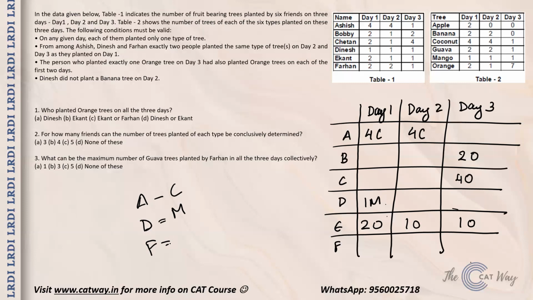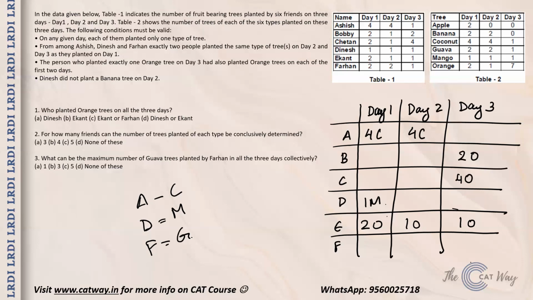So apple, banana and guava remain, but apple and banana also cannot be possible because Farhan did plant 1 tree on day 3, but apple and banana are 0.